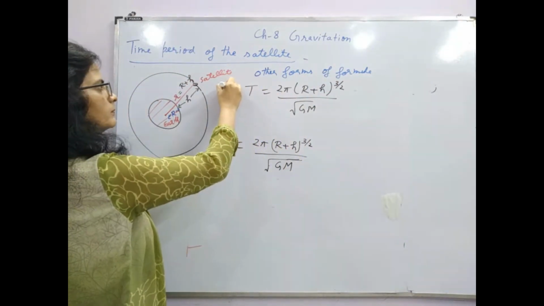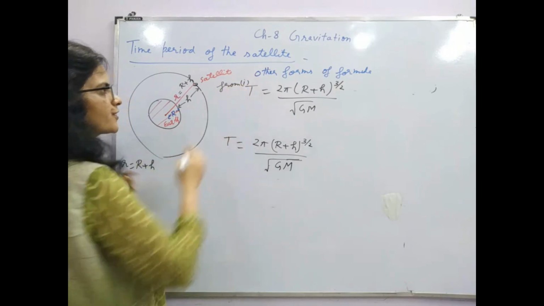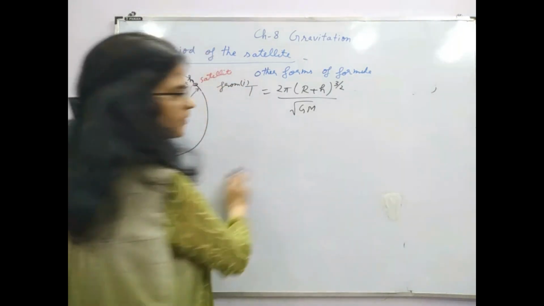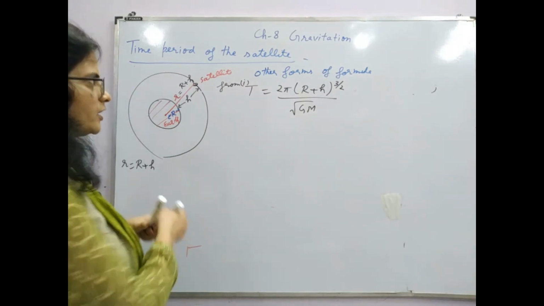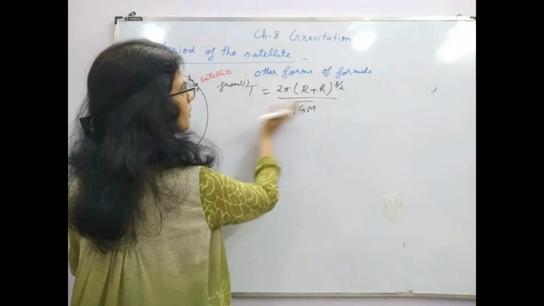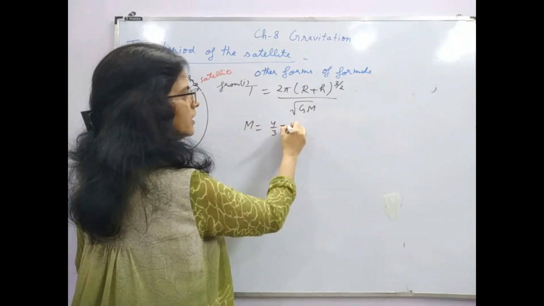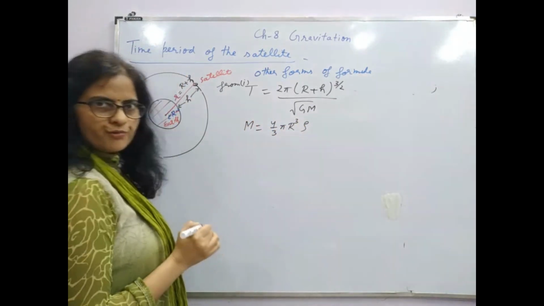This was from the first. Now here I'll put the value of mass in terms of volume into density. So mass is equal to 4 by 3 pi R cube into density of Earth.